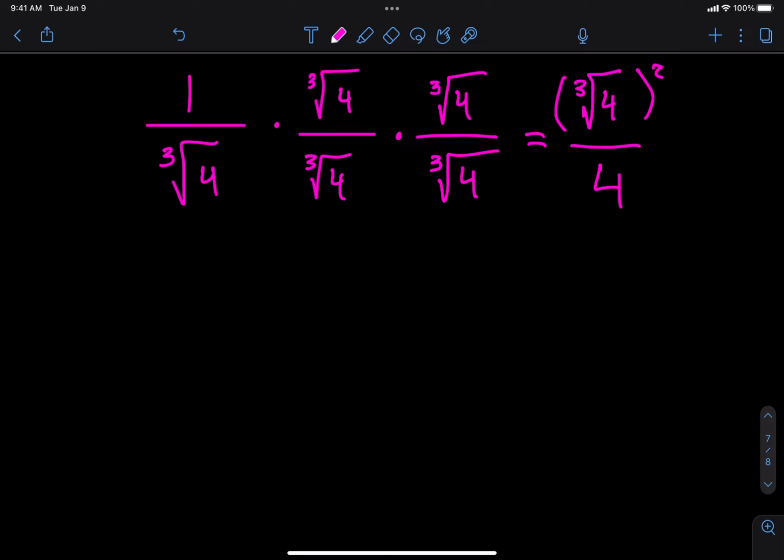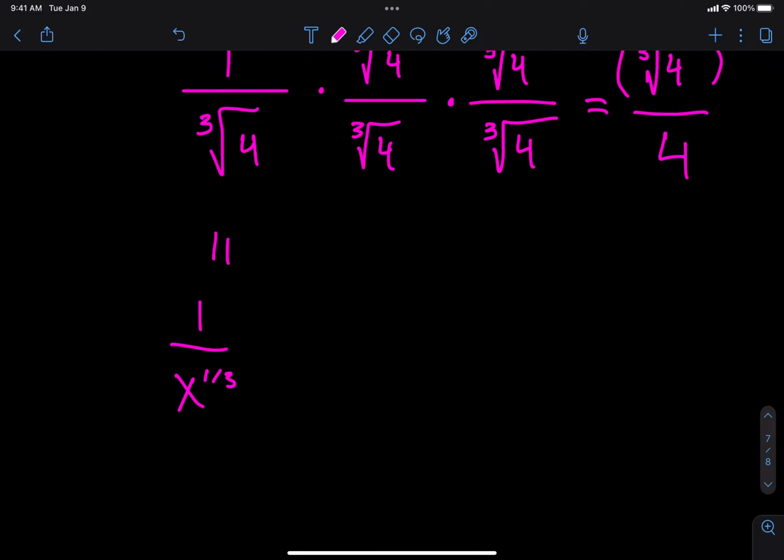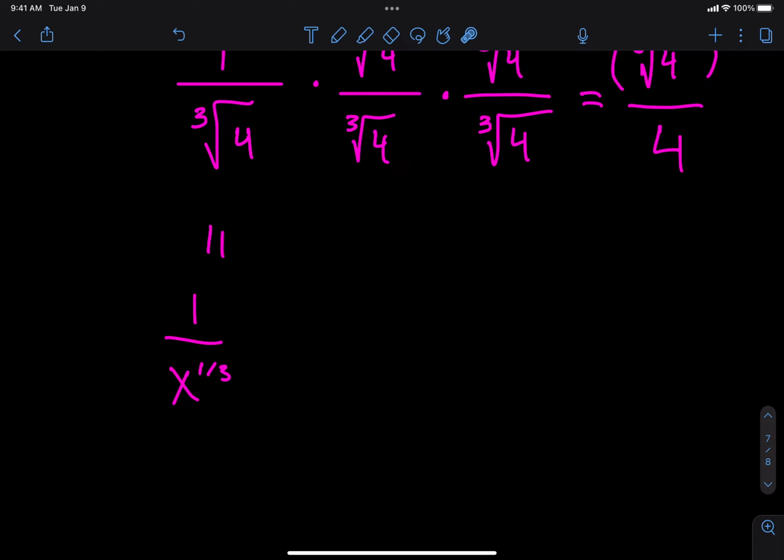Okay, so here's another way you could see that. Because, of course, we know that a cube root is nothing but a 1/3 power. So you could rewrite this as 1 over x to the 1/3. Okay, and then you could say, well, if I want to rationalize that denominator, what I need to do really is make the power in the denominator to be 1. So I would do that by multiplying the top and bottom by x to the 2/3, right? Because then if I multiply the denominators together, what do I do with those fractions?